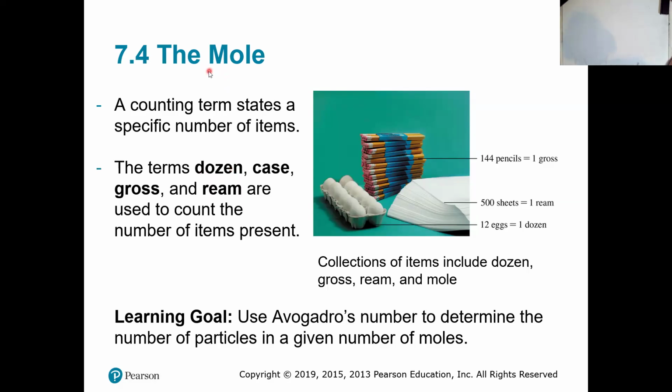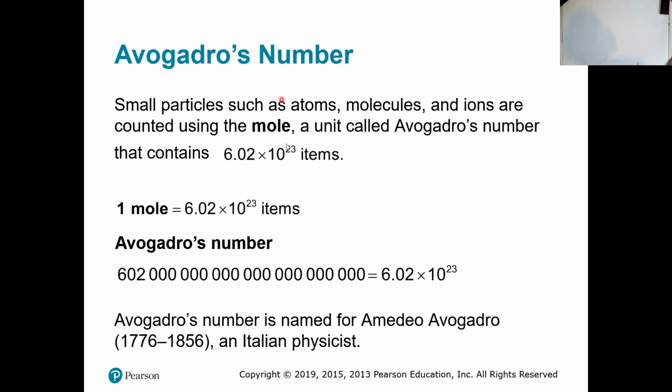When we use the word mole, it means that very specifically we have 6.02 times 10 to the 23 of that particular thing. The reason why we have a specific term in chemistry is because we have atoms, molecules, and ions that we're working with, and all of these things are really, really tiny.